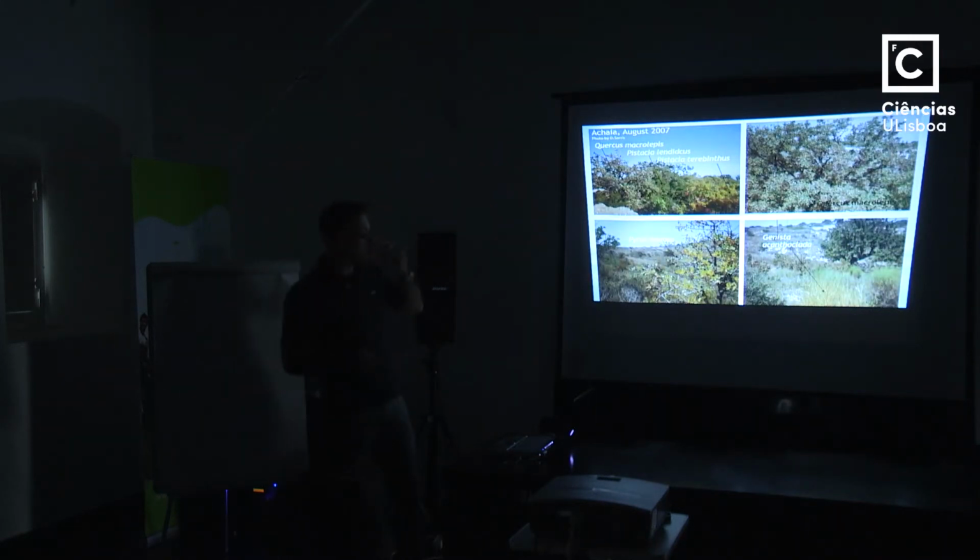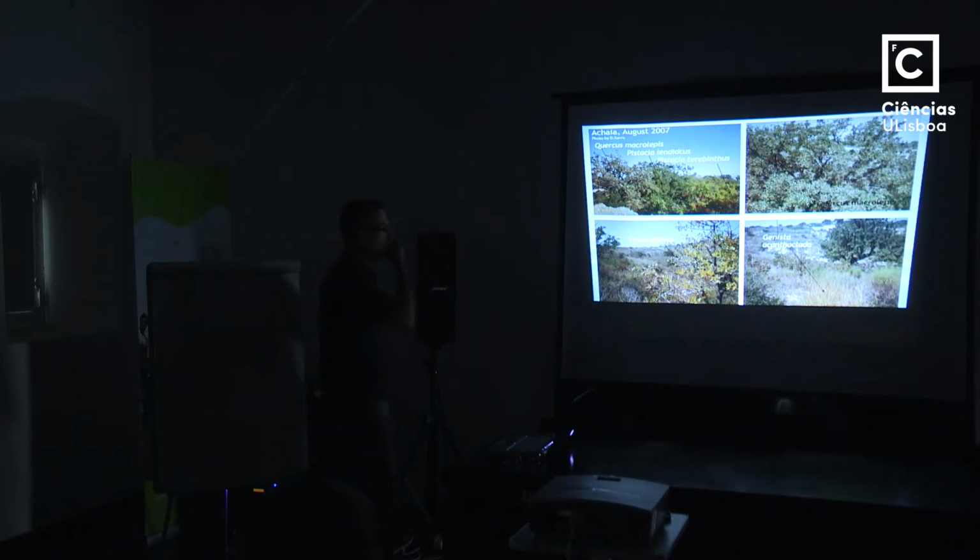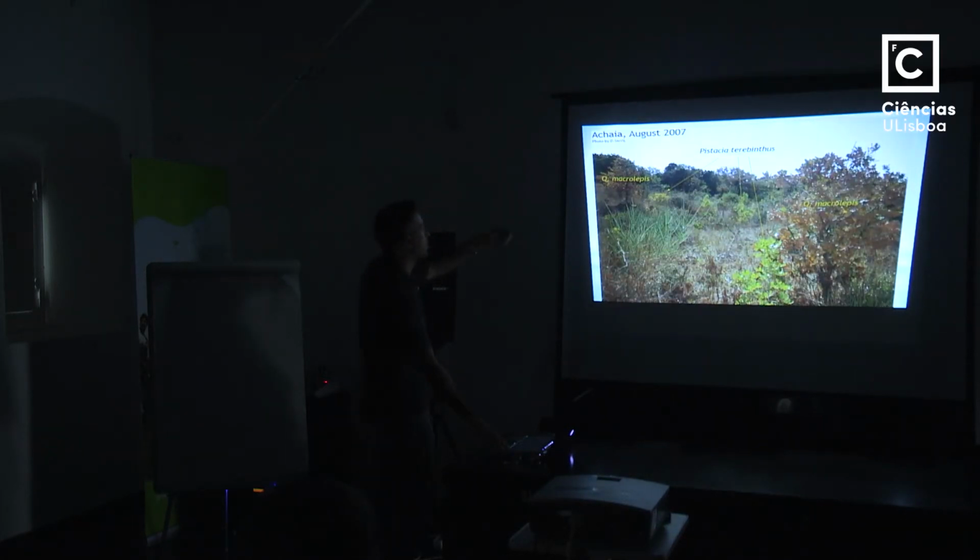So it was not again only one species that was affected, it was all species within the habitat, but the ones that were more sensitive to drought. Pistacia lentiscus, for example, was not affected, which is the most drought-tolerant species in that ecosystem. But all the others, they were affected. You can see them growing.